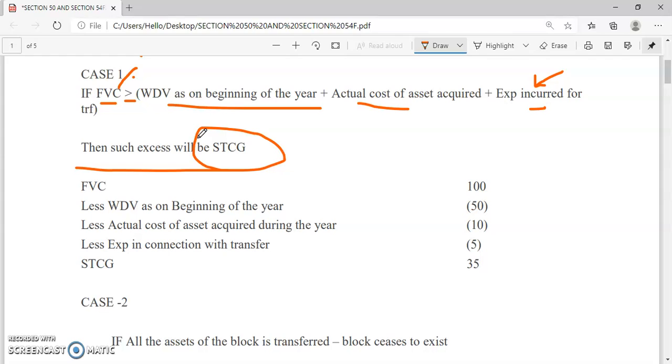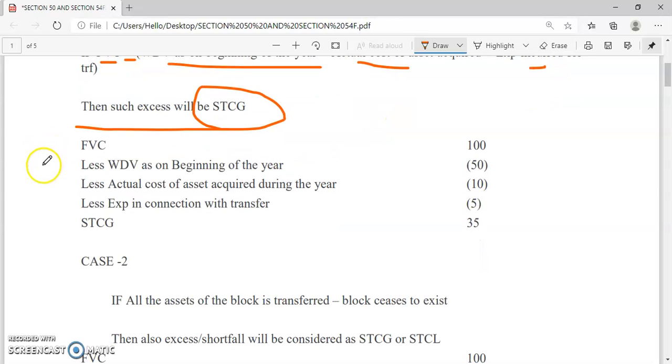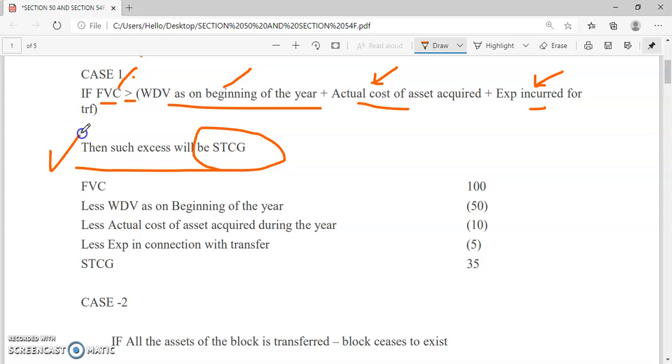Now for the purpose of cost of acquisition, you have to determine the WDV at the beginning of the year plus the actual cost of the asset acquired, that is, whatever new asset is acquired, its actual cost is added to the block. So full value of consideration is reduced by the expense on transfer, further reduced by the WDV as on the beginning of the year, and further reduced by the actual cost of the asset acquired. If there is an excess balance, then such excess balance will be termed as a short term capital gain.